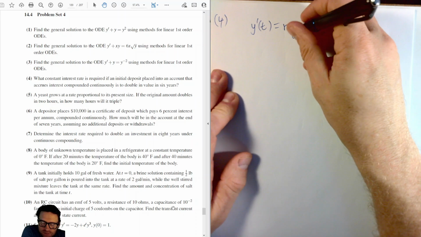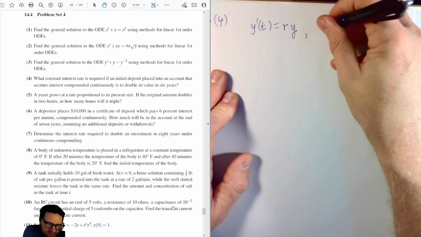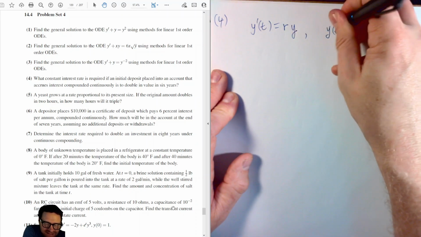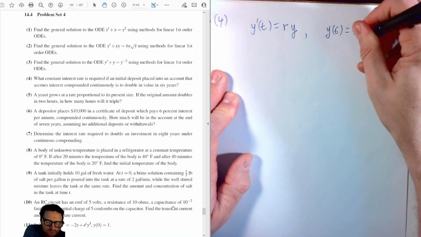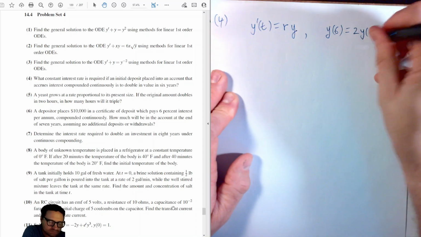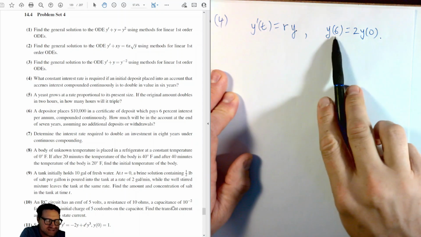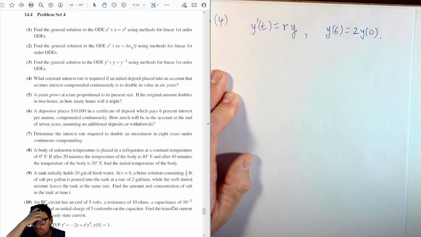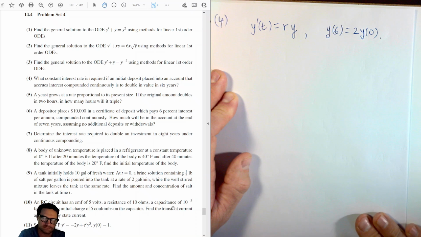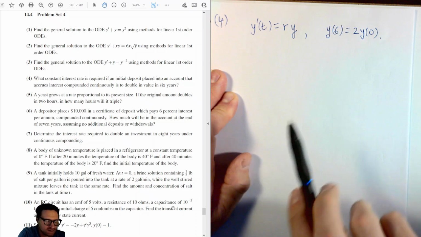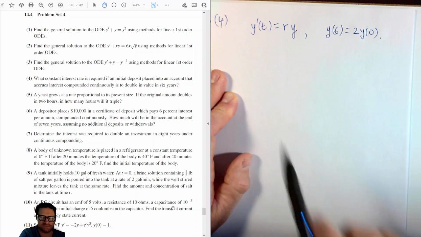Okay, and so what else do we know? We know that y of 6 is 2 y of 0 because it takes 6 years to double. And so we've got to work out what r is.